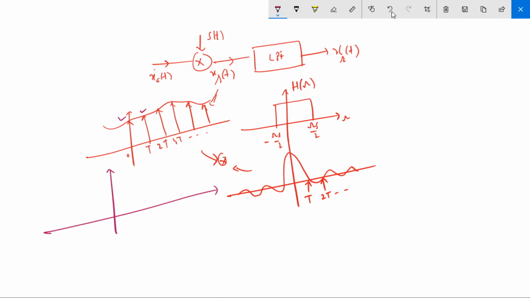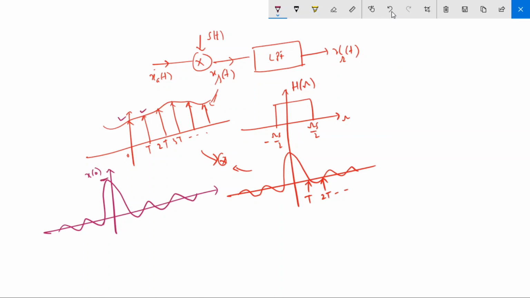The only thing is that its magnitude will be scaled by the sample value at t equal to 0. Okay, so we are getting one sinc function, where this is multiplied with x(0), the sample at 0.